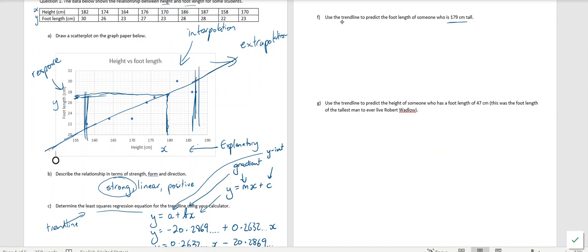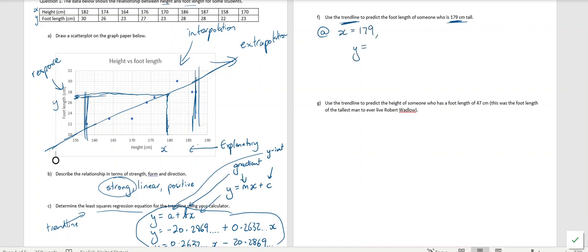So now this one says use the trend line to do this though. So we're going to use this trend line that we worked out over here to work out what we think that value will be. We've got an x value, because it's a height. We've been given a height of 179.